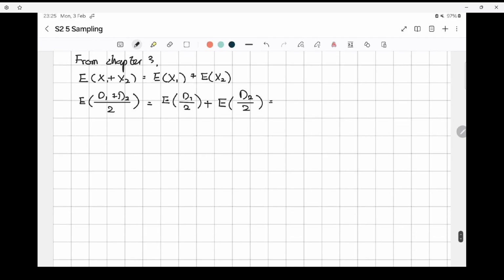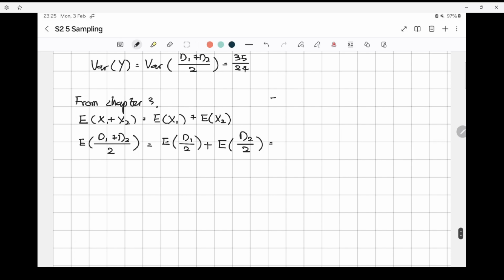We also know that if you have aX, this is aE[X], so we can definitely factor this out. Since these are the same nature of random variable, the expected value of D1 is the same as the expected value of D2.